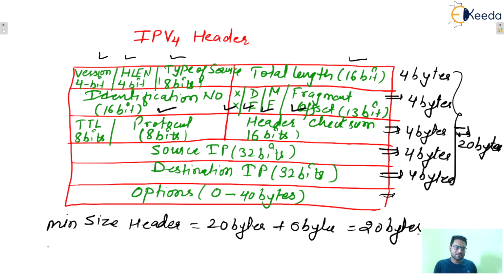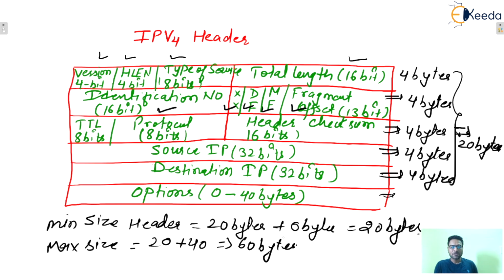And what will be the maximum size of this header? Maximum size will be, if we use all the options of 40 bytes, 60 bytes, isn't it? So IPv4 header size is minimum 20, maximum 60 bytes. Be careful, isn't it? Okay.